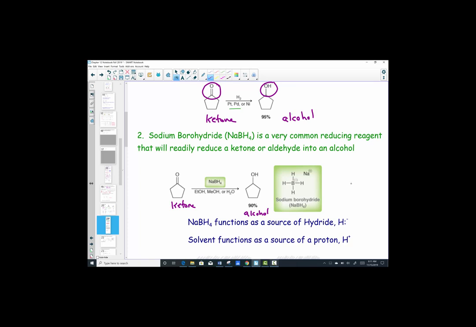And let's examine that. Remember boron, who lives in group 3A, its natural oxidation state has just 3 valence electrons coming from group 3A. It would like to have just 3 to have a formal charge of 0. If we put 4 hydrogens around it, therefore, it must have an overall -1 formal charge.